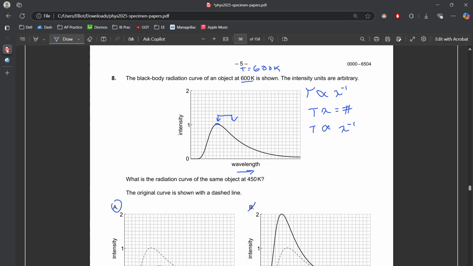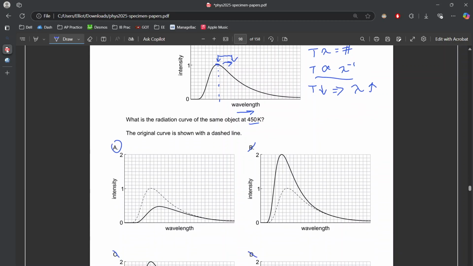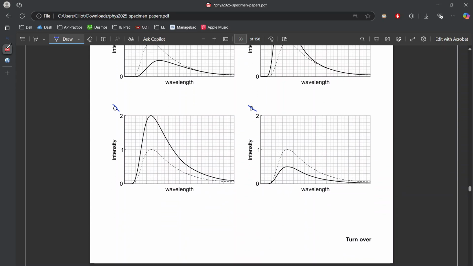And you see that this decreased, so temperature decreased, and if temperature decreased, then that implies that wavelength has to increase because they're inversely proportional, right? Max wavelength, right? And because this is the wavelength axis, this maximum point has to occur at a later time, right? Which only happened in graph A.